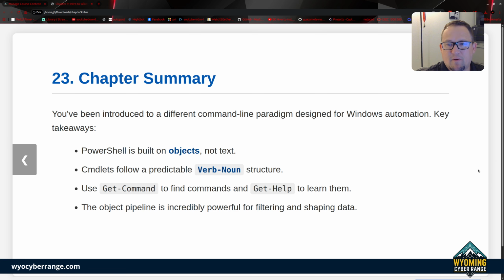All right, so let's wrap up this introduction. So we've seen PowerShell, what it can do, and see that it's actually pretty fundamentally different than our traditional languages. Now, the key takeaway is PowerShell is built on objects, not text, right? Which is one of our biggest advantages. And then all the commands and cmdlets follow a predictable verb-noun structure.